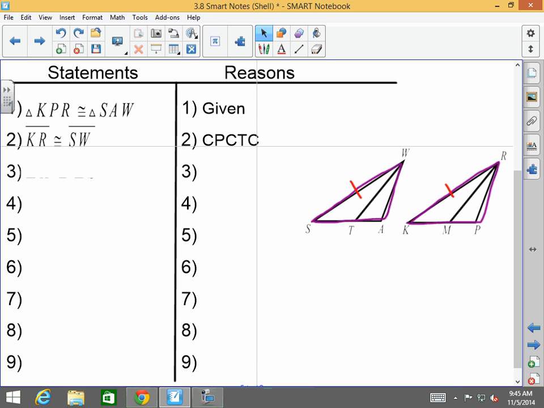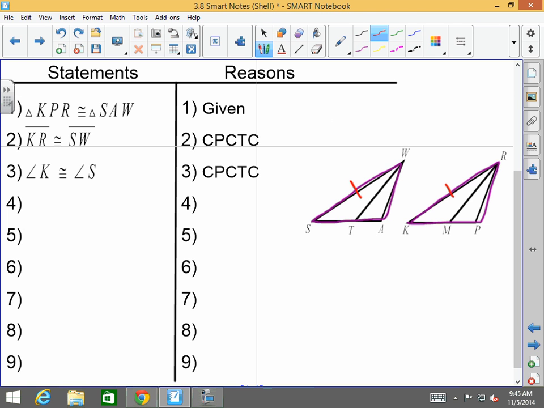I put the tick marks of SW to KR because I have to say that corresponding parts of congruent triangles are congruent. We know that everything is congruent, you're right, but I have to articulate it. Now from here, I can very easily say also that angle K is congruent to angle S because of CPCTC.